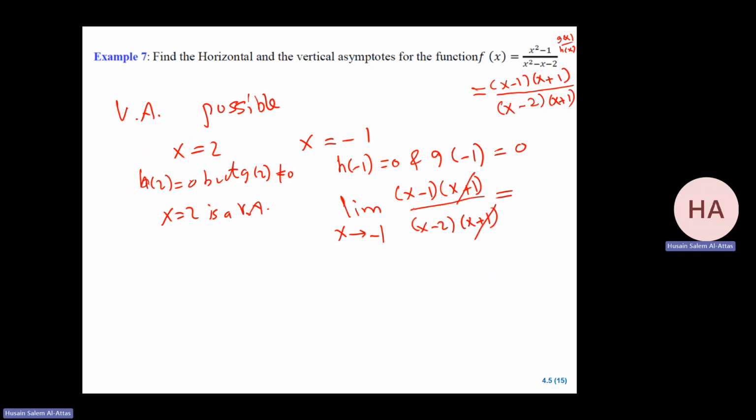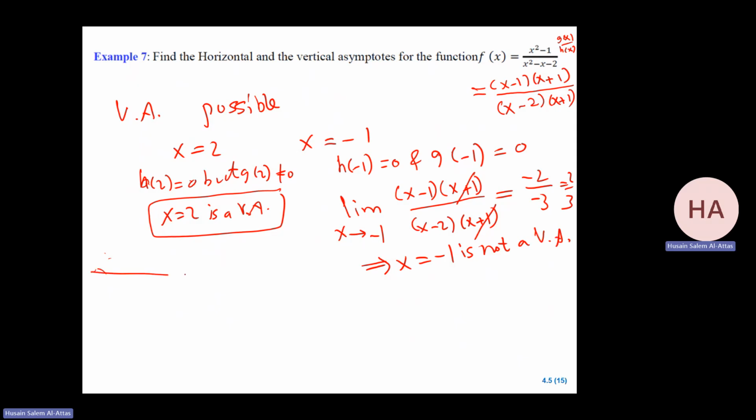So I have a value. It will be minus 2 over minus 3, and that is 2 over 3. So x equal minus 1 is not a vertical asymptote. So the only vertical asymptote is x equal to 2.